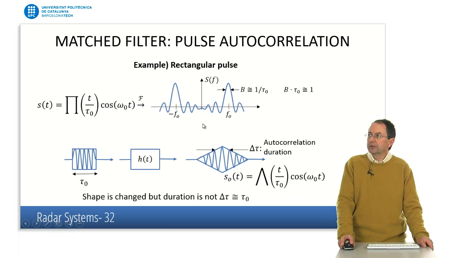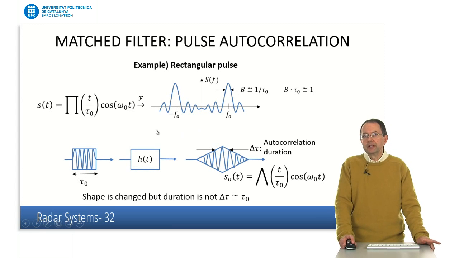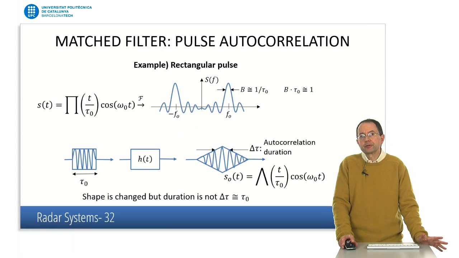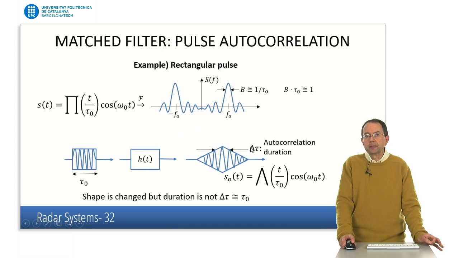And that's very interesting because it alters the shape of the pulse and obtains at a certain point a value which is representative of the energy of the pulse. So the maximum of the autocorrelation is actually the energy of the signal.